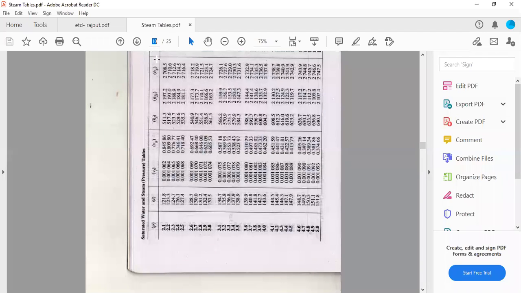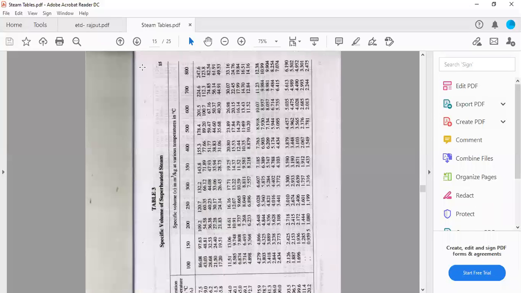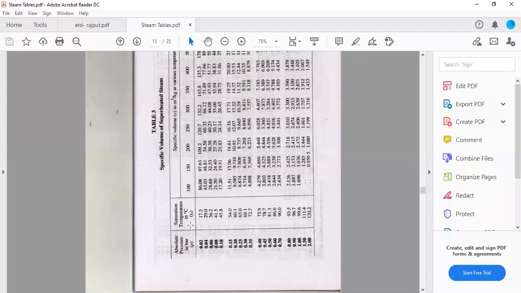This is of course given. Now this is superheated steam. You see, this is the absolute pressure order. Your 6.7 will be somewhere in another page. For example, see page number 20.